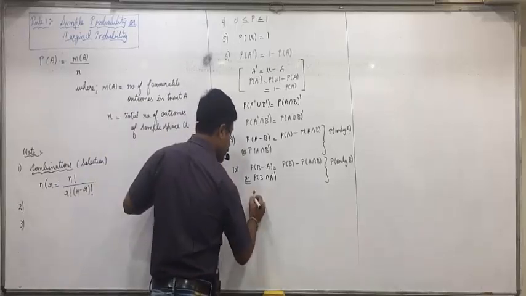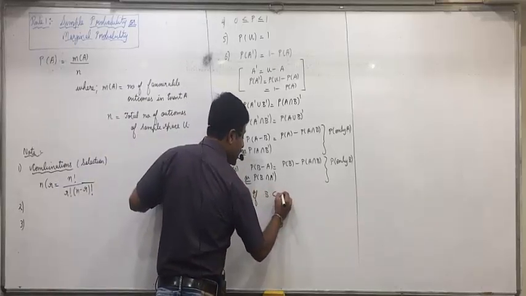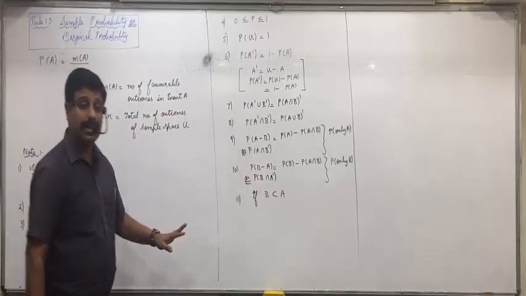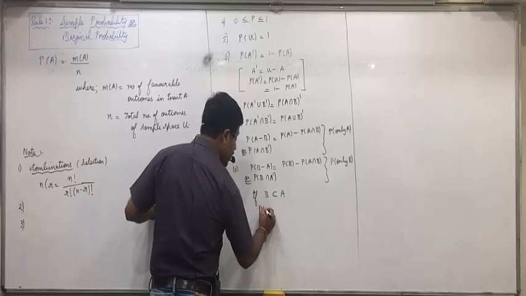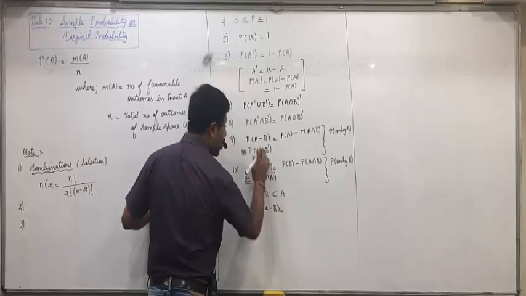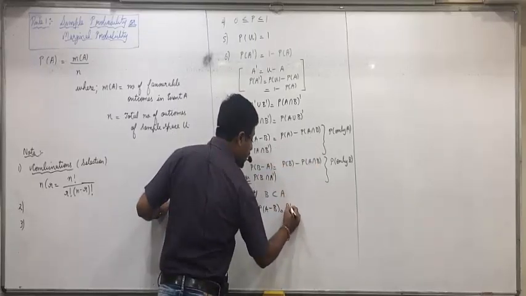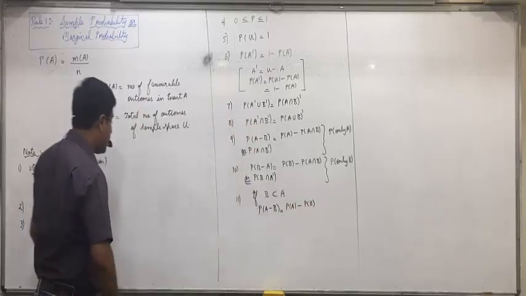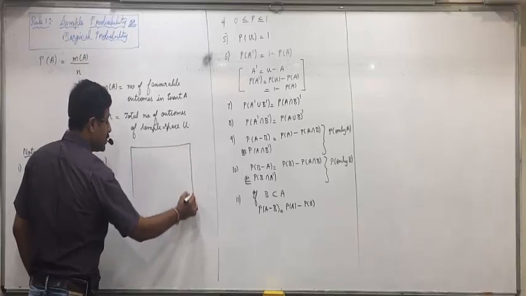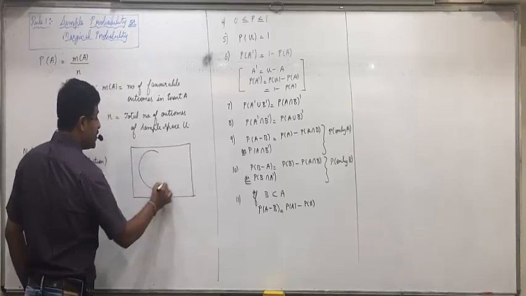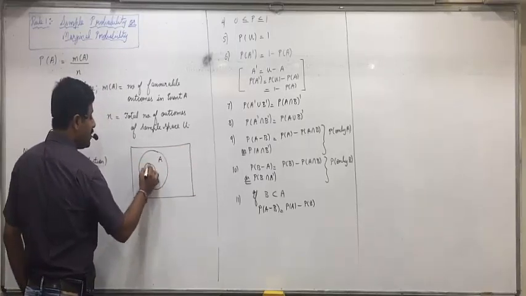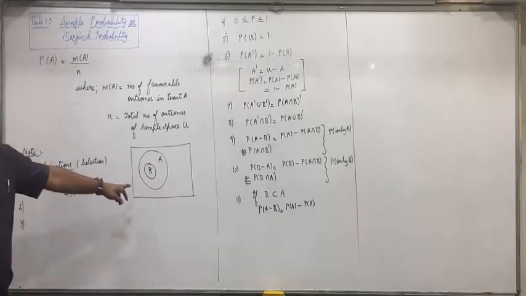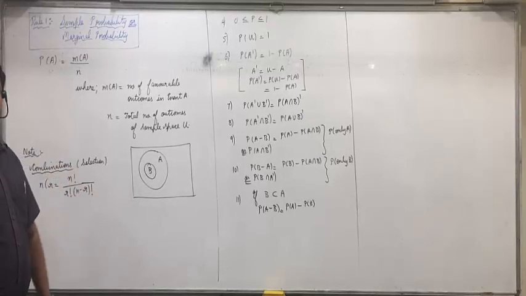But if B is a subset of A, you understand this sign? If B is a subset of A, then P of A minus B will not be P(A) minus P of A intersection B. You can directly do it as P(A) minus P(B). See, if B is a subset of A, it means something like this. This is event A, this is event B. Is B a subset of A or not? Yes. What is A intersection B?